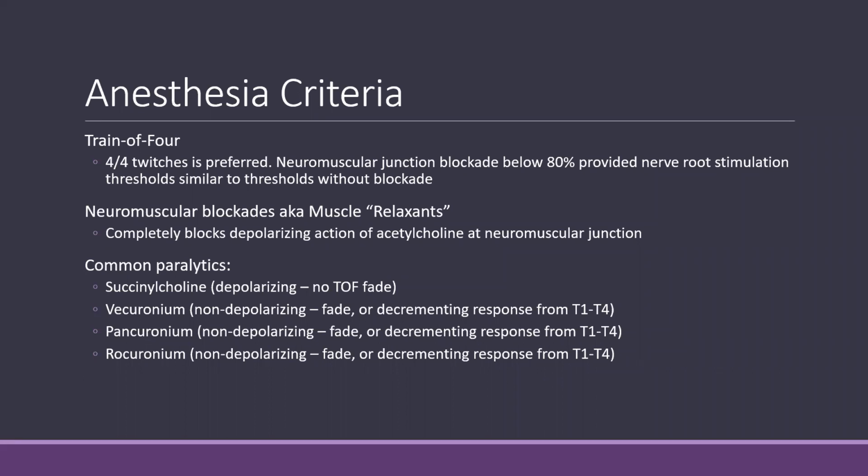Our train of 4 is going to reflect that action by not having any kind of fade or decrement between our first and fourth twitches. The non-depolarizing paralytics, however, like our vecuronium, pancuronium, rocuronium, or even some of the older ones like atracurium and cisatracurium, will show a fade, a decrement response between the first and fourth twitch.